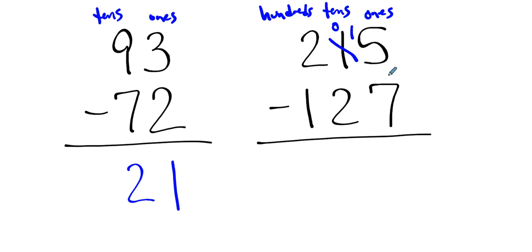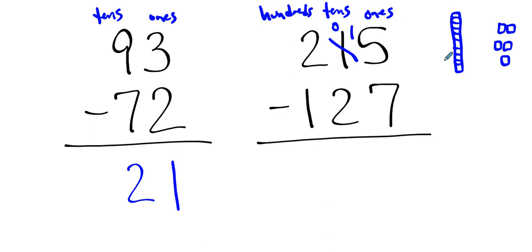Well, let's think about what it is that we borrowed. We took a 10 away from the tens column. We had these 5 over here, and we tried to take away 7 and we couldn't do it. We ended up short. So we took this 10 from the tens column, and now we're going to bring that over into the ones column.